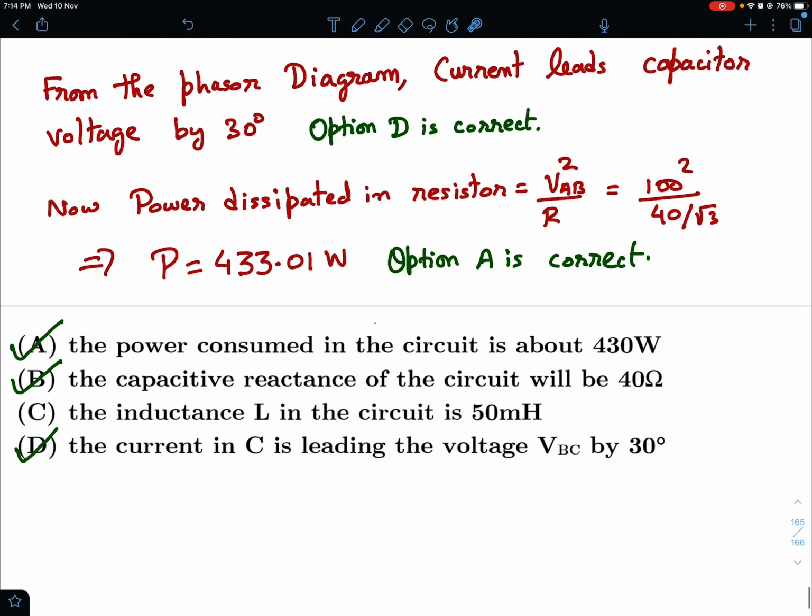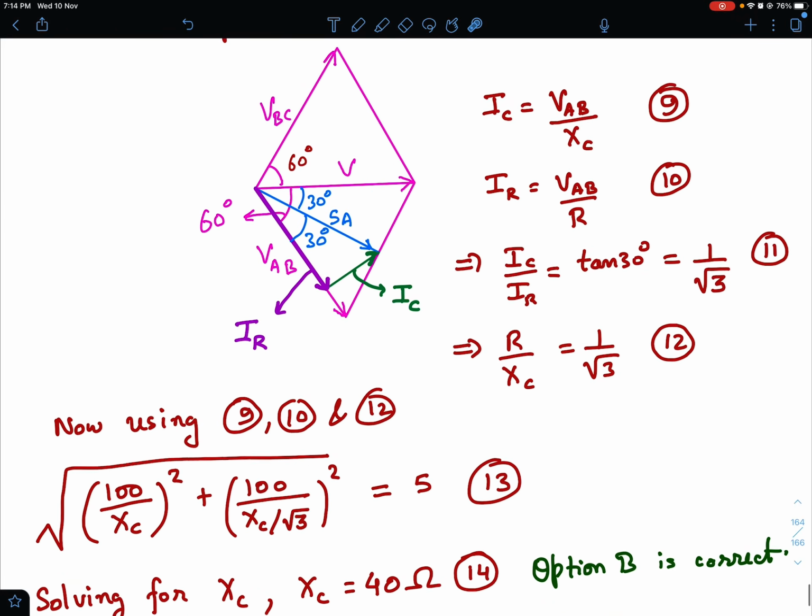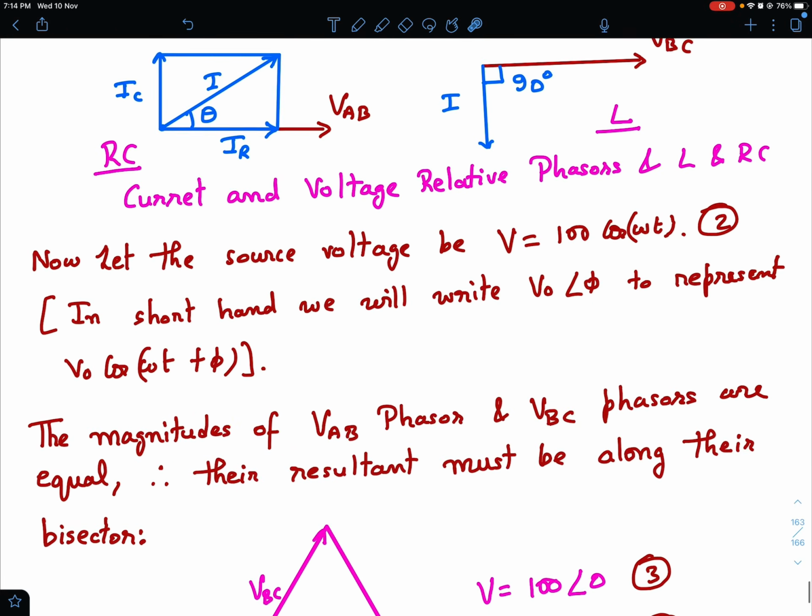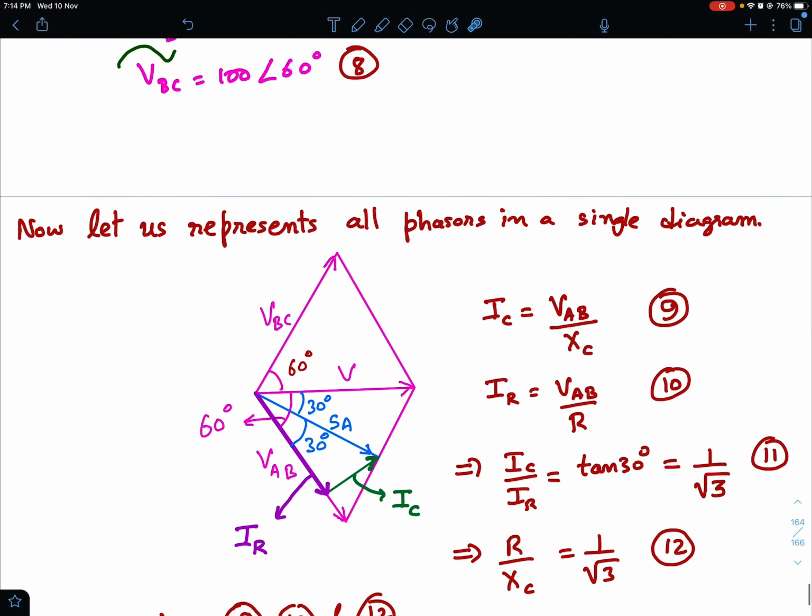So what is the voltage BC? This is your voltage BC, and this is your capacitor current. So we need to find the angle between this vector and this vector.